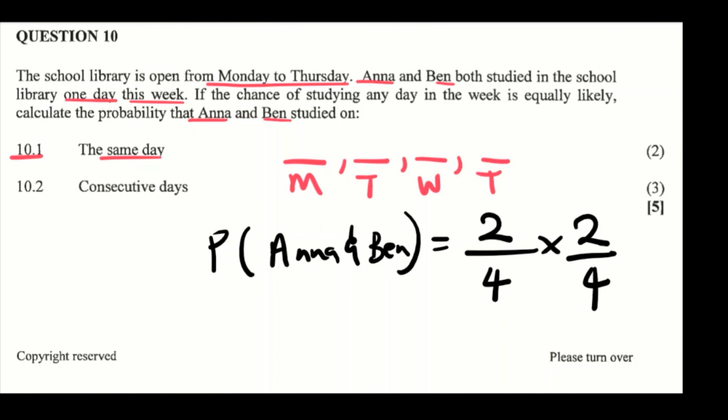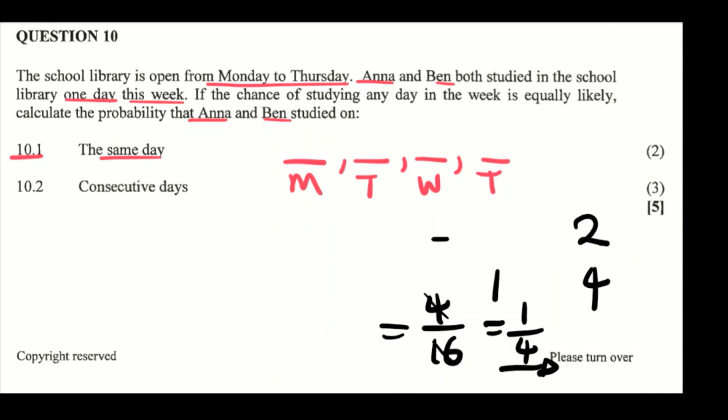So it's going to be equal to 4 over 16, which is 4 goes once and goes 4 times here. So it's just 1 over 4. So 1 over 4 is the probability of them studying on the same day.